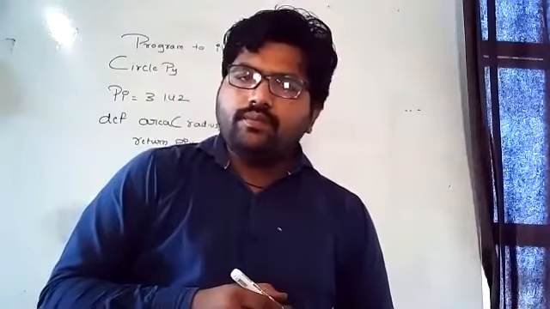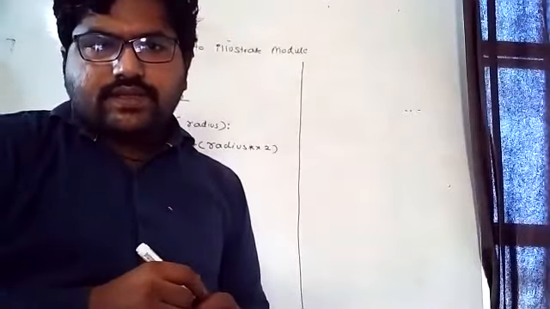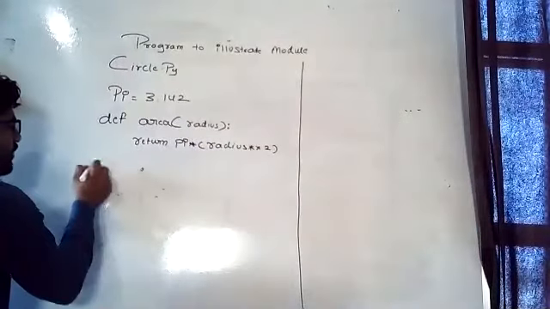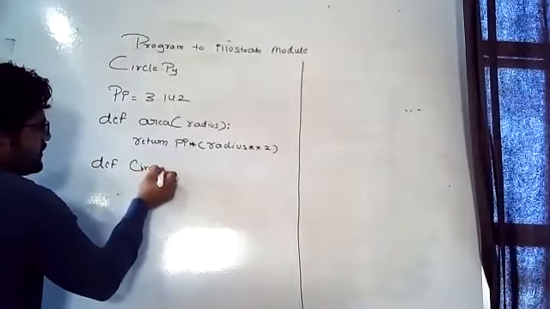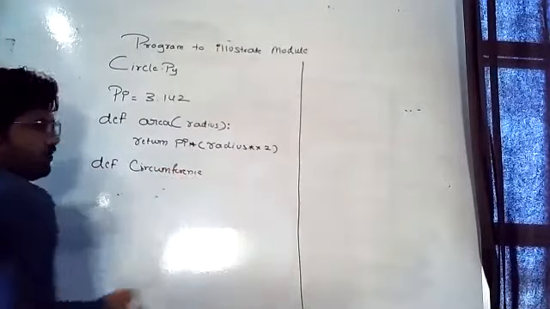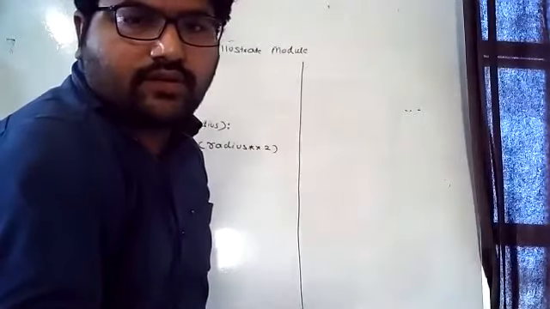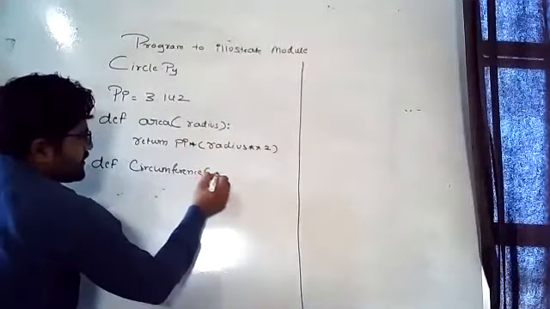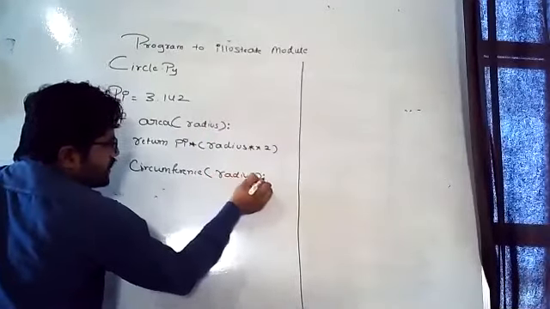What do I need to do now? Next, I will find out the circumference. So def circumference. To find out the circumference, we need a radius, so we need to pass the radius once again.